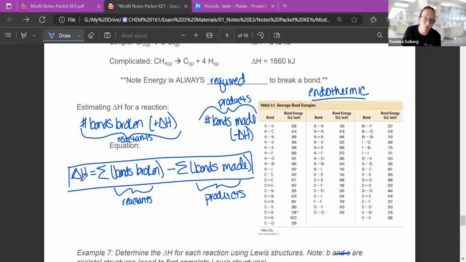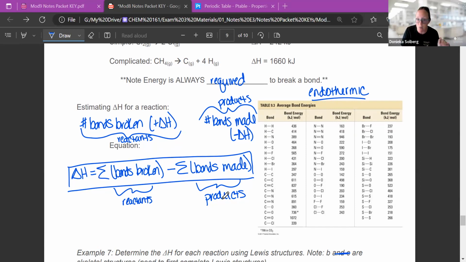So the actual equation for finding delta H using bond energies is the sum of all of the broken bonds, which would be the reactants, minus the sum of all of the made bonds, which would be the products. Notice this is backward from the delta H we did with delta H formations back in module 5.